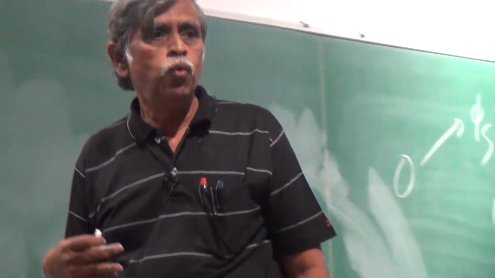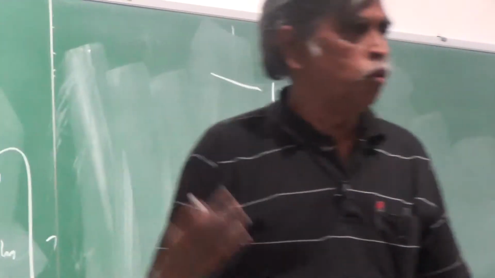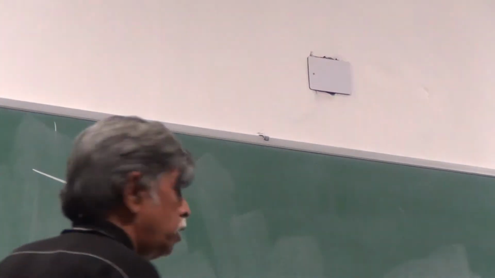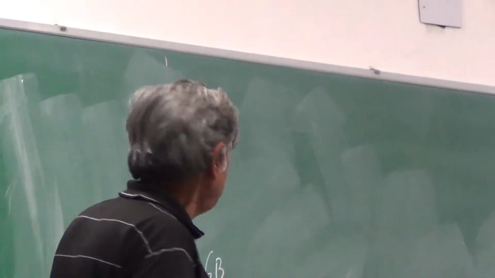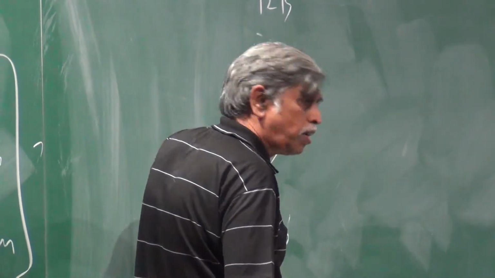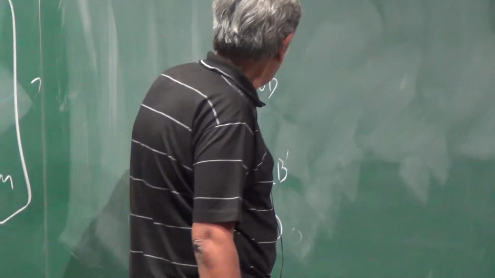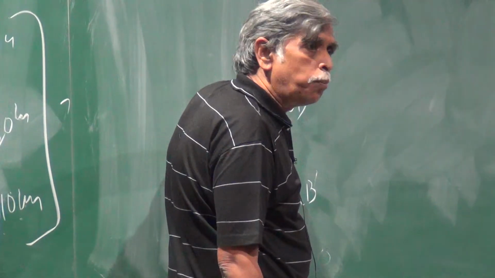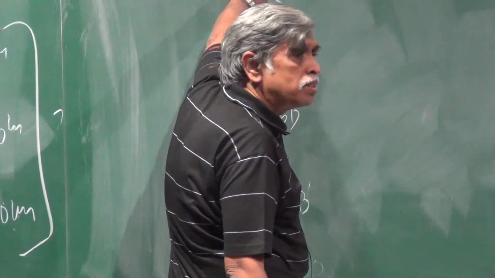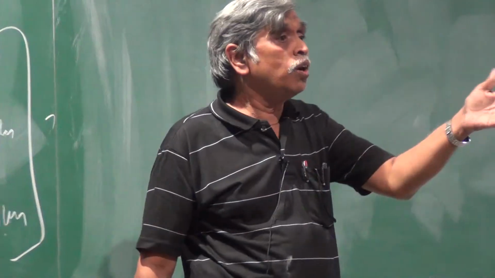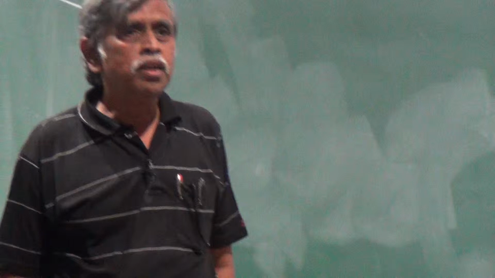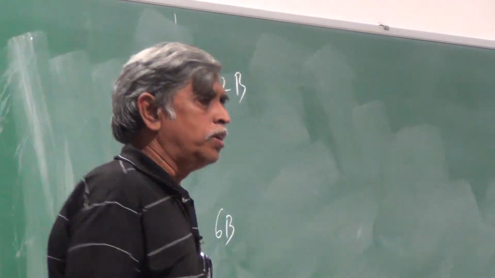It goes as 1 and 2, 2 and 3, 3 and 4, and so on. If I do an absorption experiment, what do I see? A transition between this and this, that will come at 2B. A transition between this and this, that will come at 4B. A transition between this and this, that comes at 6B. And that's how we got our 2B spacing, and from which we can calculate all our B values.